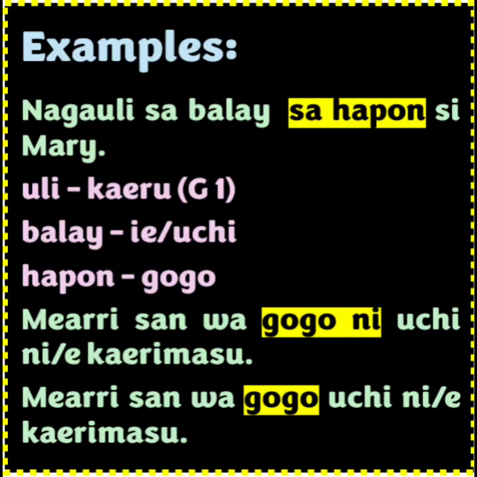Or you can also say Mary-san wa gogo uchi ni or uchi e kaerimasu. You notice that you can say gogo ni or gogo without any difference in meaning. So gogo is a time expression that does not really require ni after it.